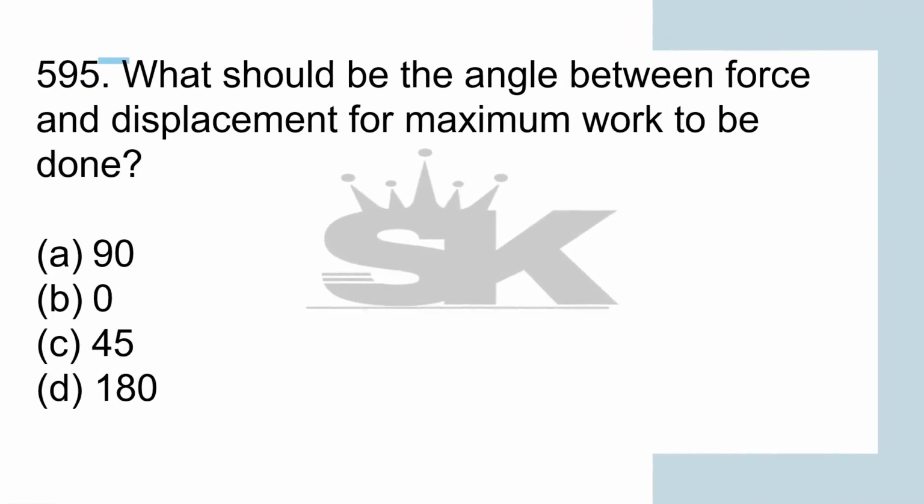What should be the angle between force and displacement for maximum work to be done? Answer equals 0. Okay. So why is it 0? So the formula here is work done W equals force into displacement into cos theta.